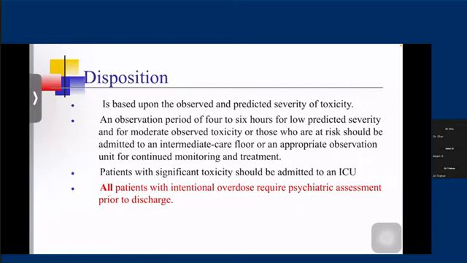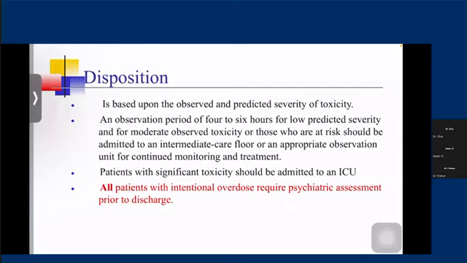For all patients with intentional overdose, we always have to identify whether the patient took the medication intentionally or not. If it is because of a suicidal attempt, before discharge we have to risk stratify the patient.